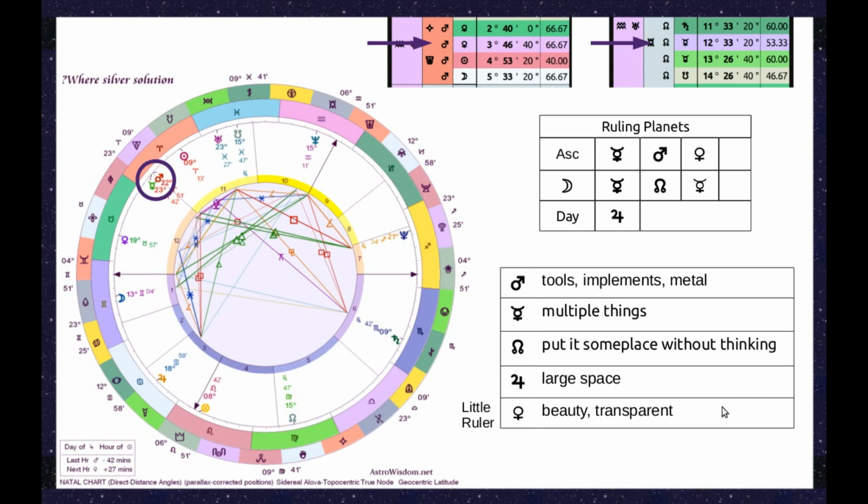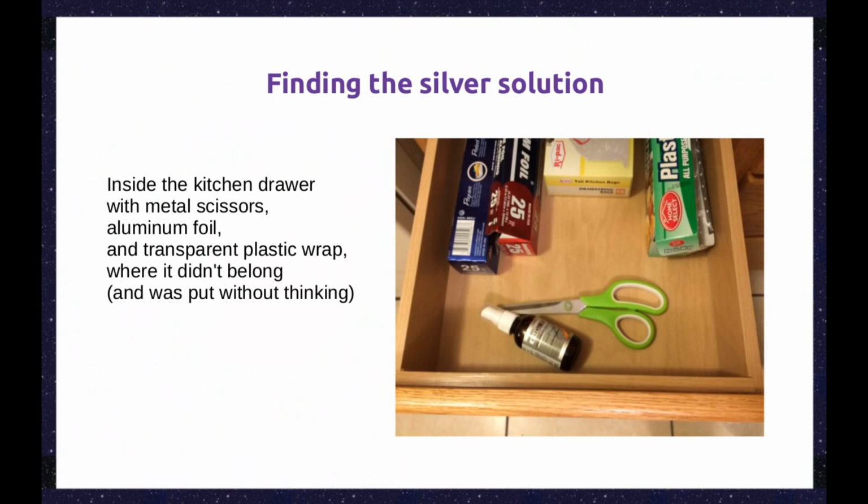So when I determined that it was among multiple tools and it was someplace where it was not expected to be found, what occurred to me immediately is that it could be found among, for example, kitchen utensils, because this person was in a house, and so I thought it might be in a drawer in the kitchen, among the kitchen utensils.